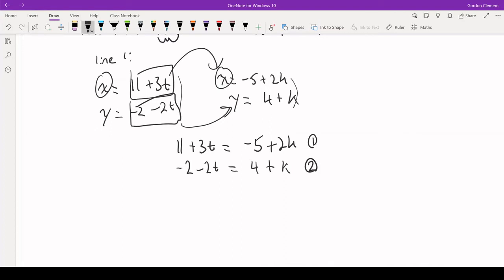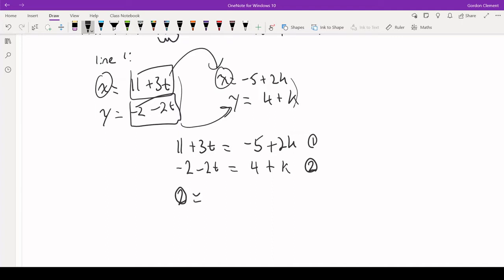We often get so many equations, I like to number them. So the first one's equation 1, the second one's equation 2. Just a communication thing. And I'm just going to do some grade 10 substitution. So I'm going to look at these two things. I got to solve one of them for one letter. Looks like number 2 is going to be the easiest.